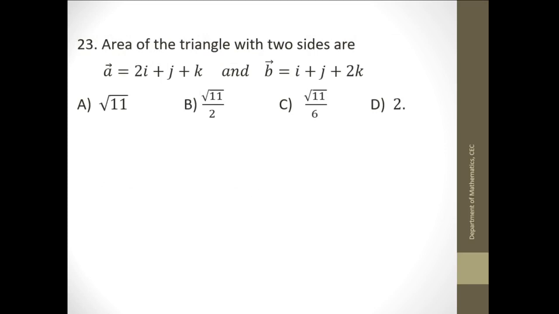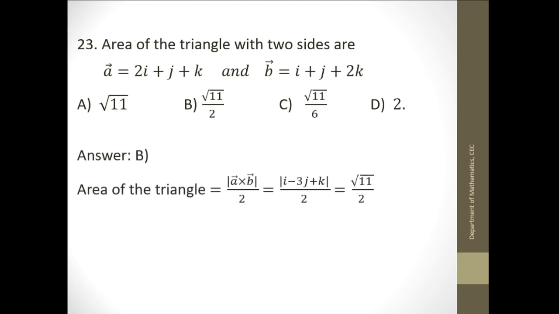Area of the triangle with the two sides given is magnitude of A cross B divided by 2, half of the magnitude of A cross B. So first find A cross B, that is i minus 3j plus k. You know how to find A cross B, and its magnitude is square root of 1 plus 9 plus 1, so square root of 11 divided by 2.